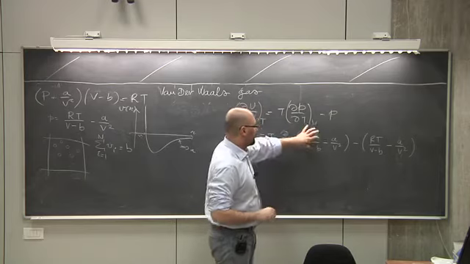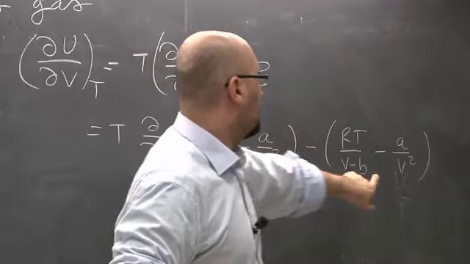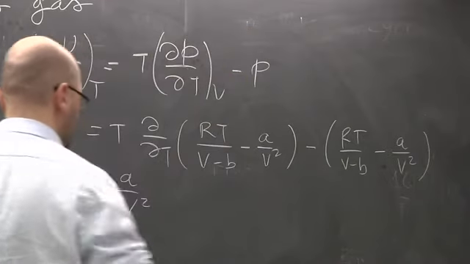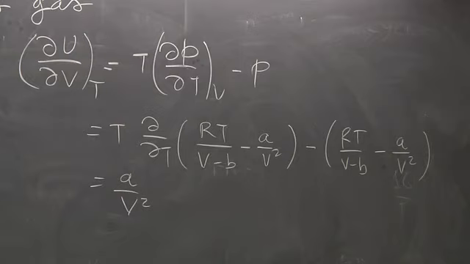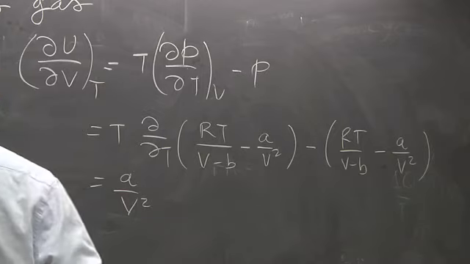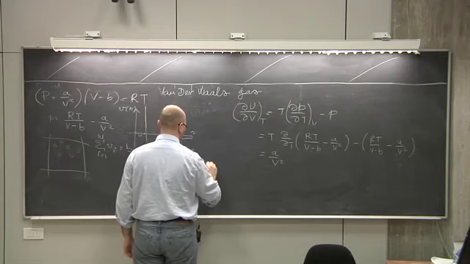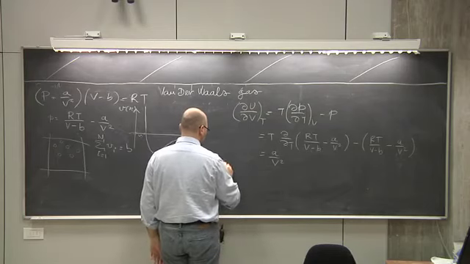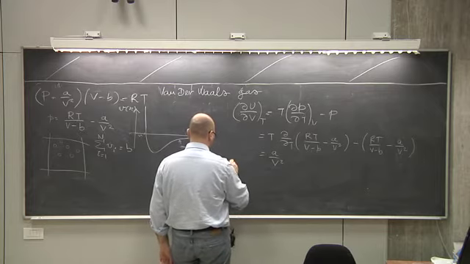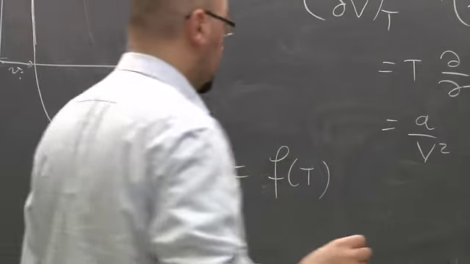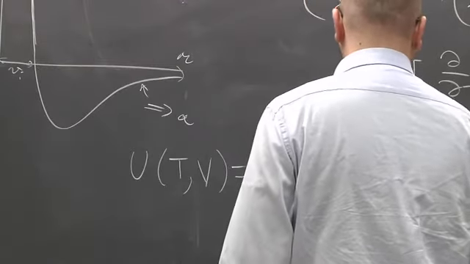If you do this calculation, this first term, RT over V minus B, drops out with this, and only this thing survives. So U is a function of T, arbitrary. We cannot deduce it from here, minus A over V.